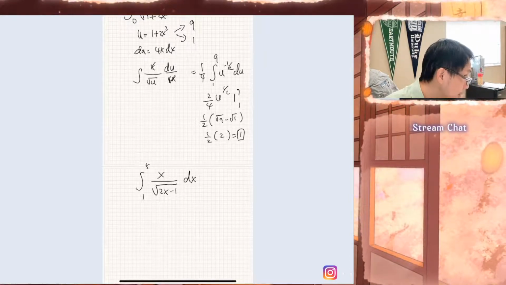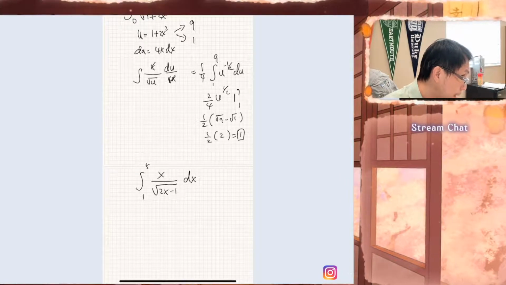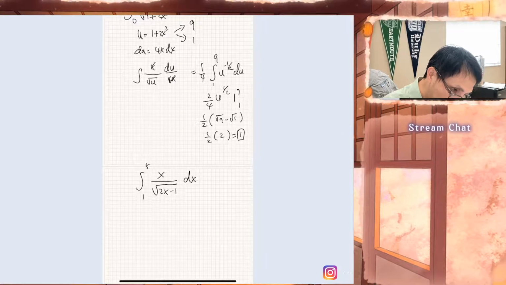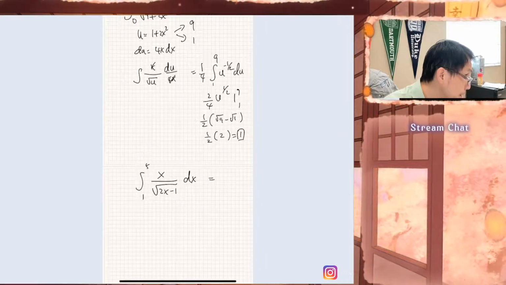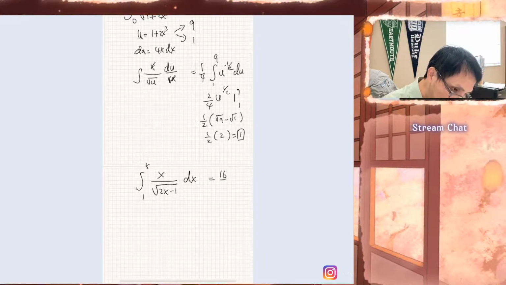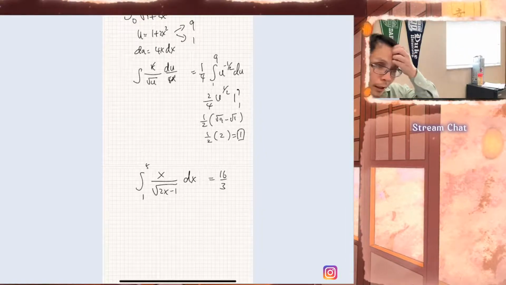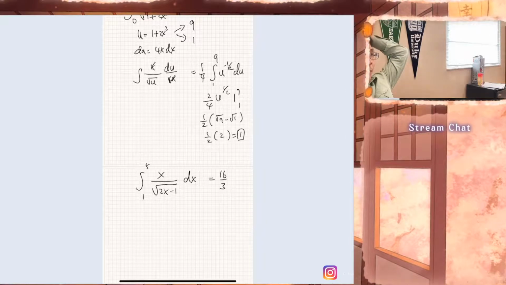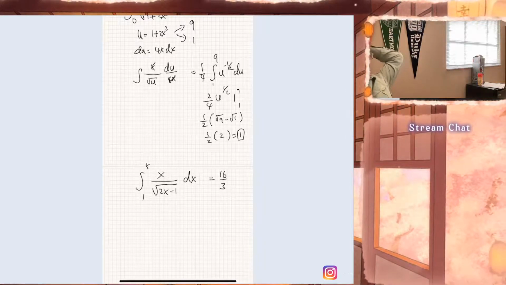The answer is kind of hard to guess, and it's equal to 16 over 3. That way you know if you did it right, and you can always use decimals to check definite integrals.